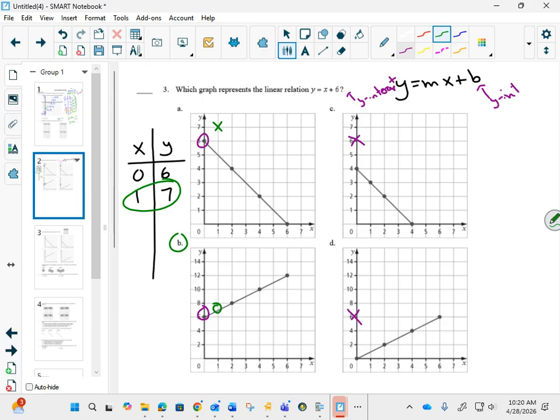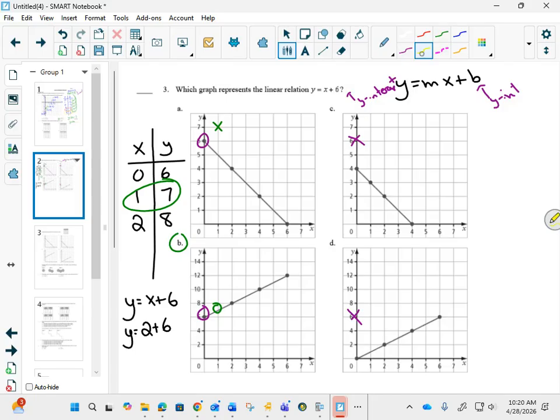Wait, can you explain how you got the 7? So your formula is y equals x plus 6. If I wanted to find another point, I could make my x 2. Now I look at my formula and say, well, if my x is 2, I would get 2 plus 6. What is 2 plus 6? 8. So my y has to be 8.